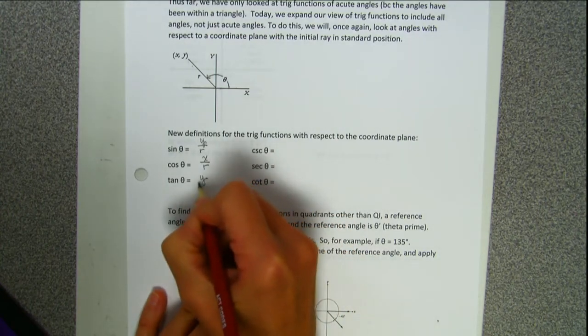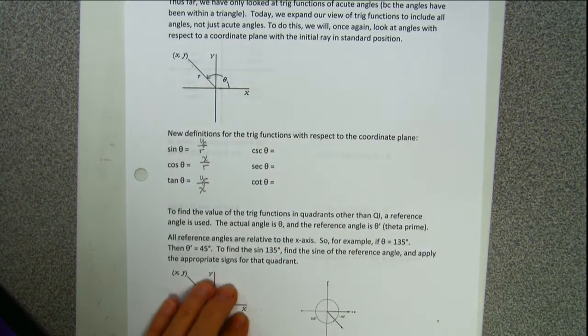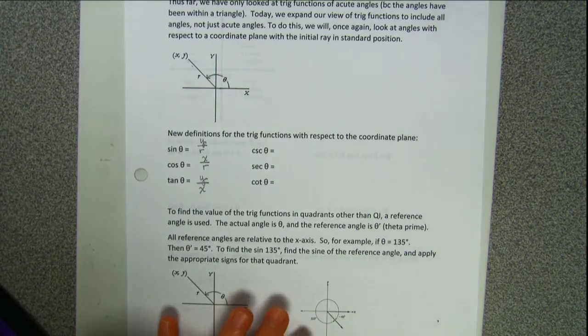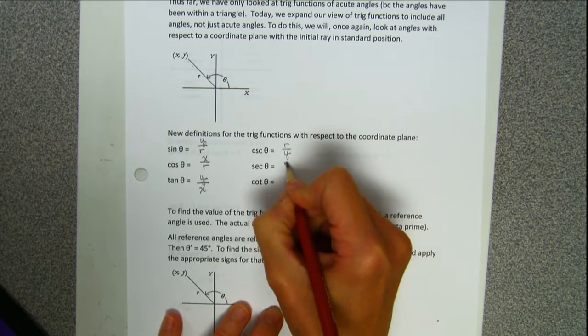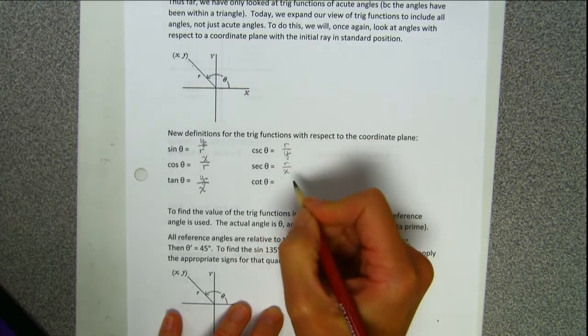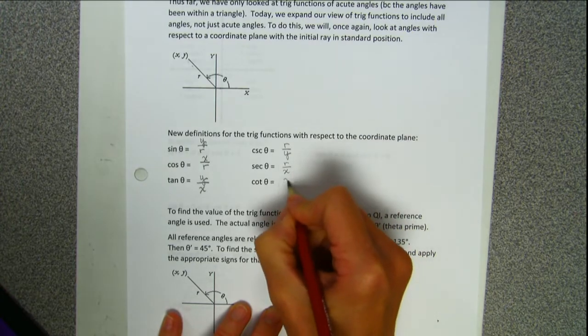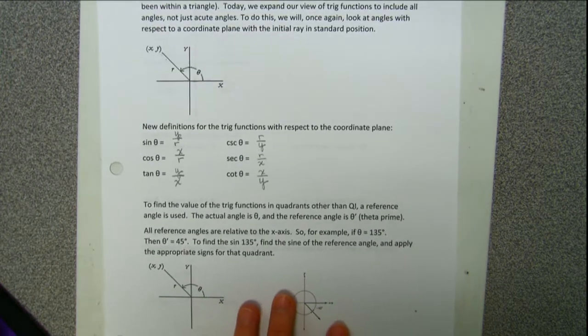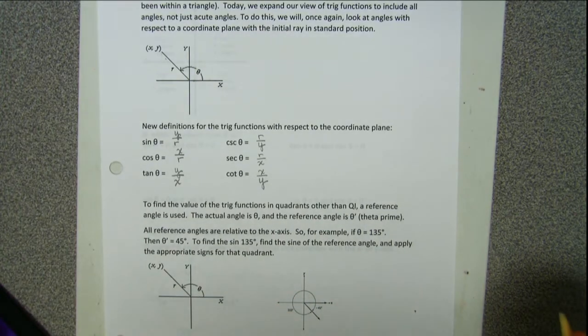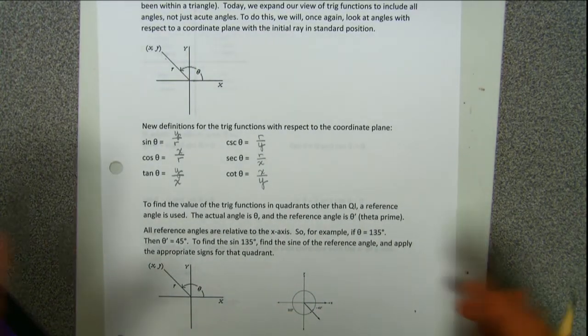Tangent is y over x. Cosecant will be your flip of sine. Secant will be your flip of cosine, x over r. And cotangent will be your flip of tan.